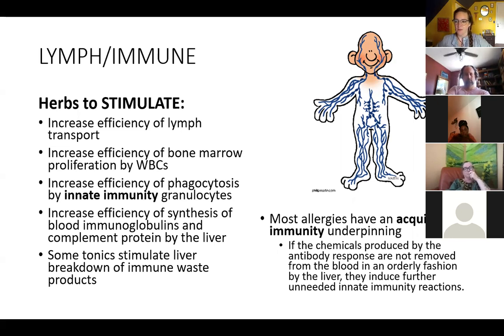So if you need phagocytosis, that is the breakdown. Yeah, I guess I don't want to go into that because I don't entirely know how to explain it. But increased efficiency of phagocytosis, because you need to stimulate.